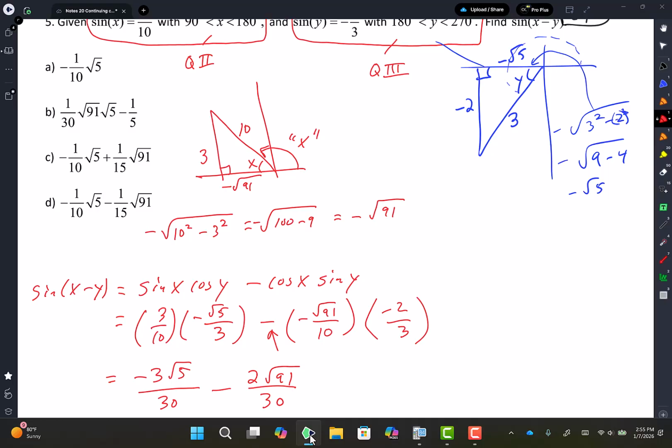No. They reduced it. I don't like that they reduced it, but that's fine. How many times does 3 go into 30? 10. So negative square root of 5 over 10, minus, how many times does 2 go into 30? 15. Square root of 91 over 15. Let's look for that. And it is in there.